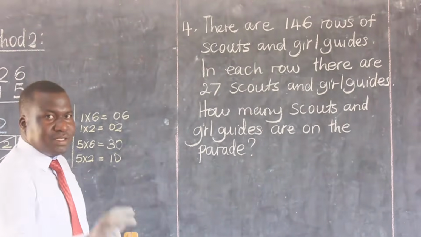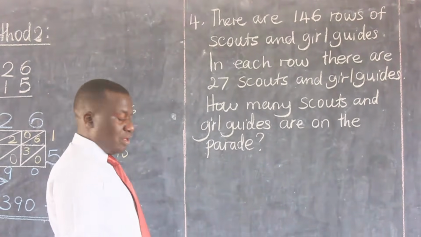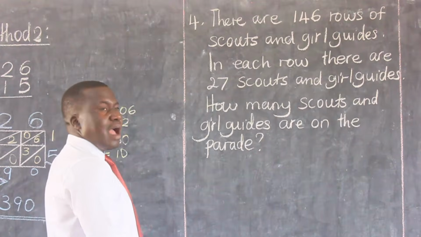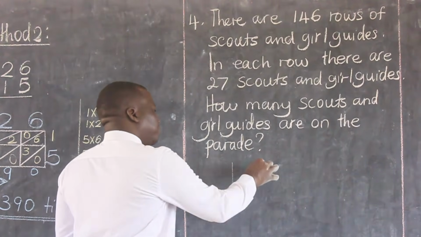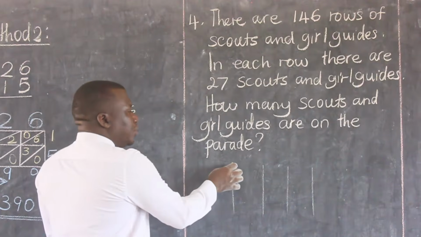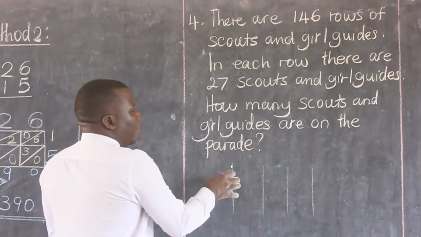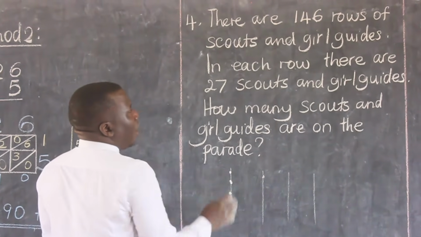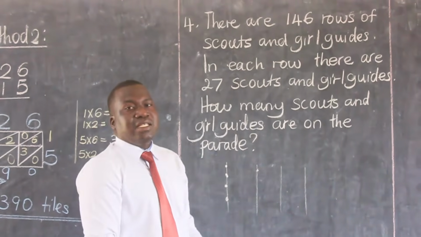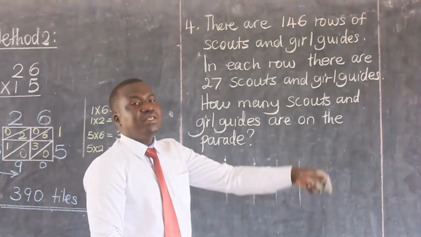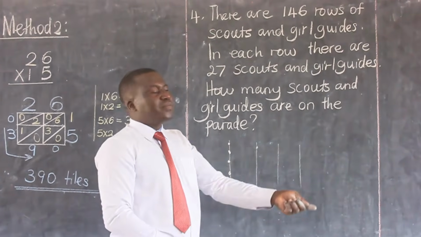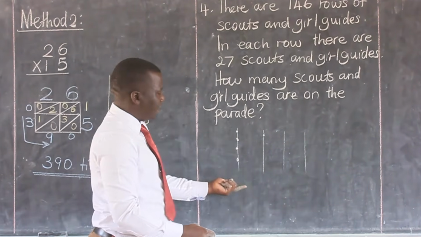I know we have always been, you know what we call a parade, okay? A parade is made up of rows, okay? And then on each row, how many people are on each row? So according to the question, they are what we call girl guides and scouts. Scouts are the boys, the girls are the ones called girl guides. So they are on a parade.